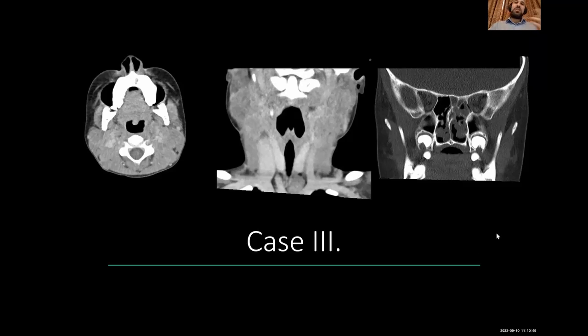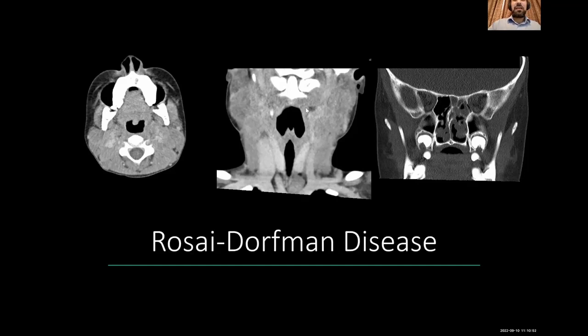Oh, it is histiocytosis. It is Rosai-Dorfman disease, multiple lymph nodes and sinusitis. This is a subtype of histiocytosis. So this is multiple cervical lymph nodes, Rosai-Dorfman disease.